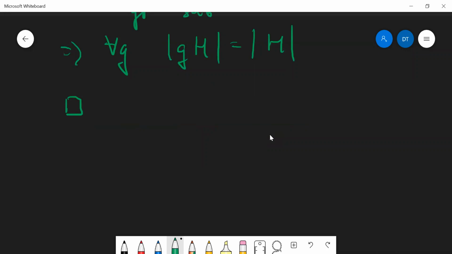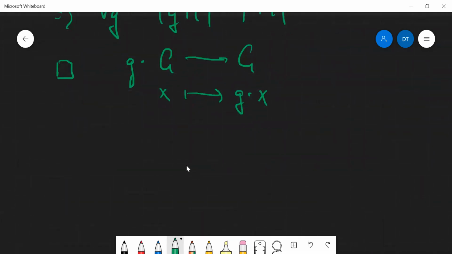Well, let's consider the map, multiplication by G on the left, which takes any element X to the element G times X. So this is a map, multiplication by a fixed element G. Well, this map is a bijection.